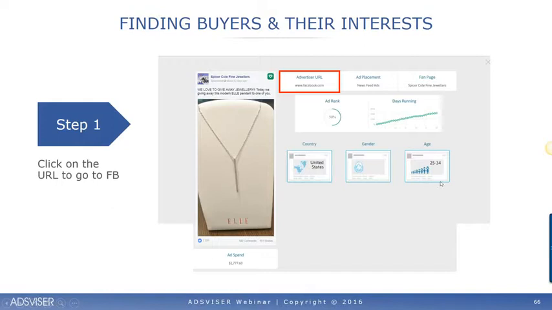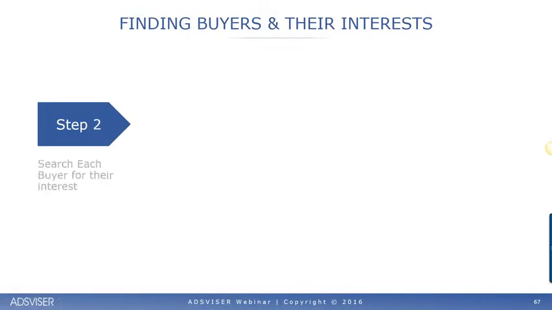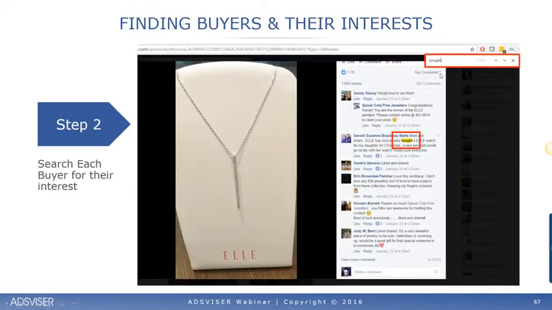So we know the targeting, we know everything, and I'm going to get to it in a second, but you guys are jumping ahead. You search each buyer for their interest. Here we had a Control F. Perhaps I should have hidden all these names. We clicked through an ad, went to the post, hit Control F and searched for bought, and it says it got 1 out of 2. This lady said, liked and shared, Elle has nice jewelry, bought an Elle watch for my daughter for Christmas.